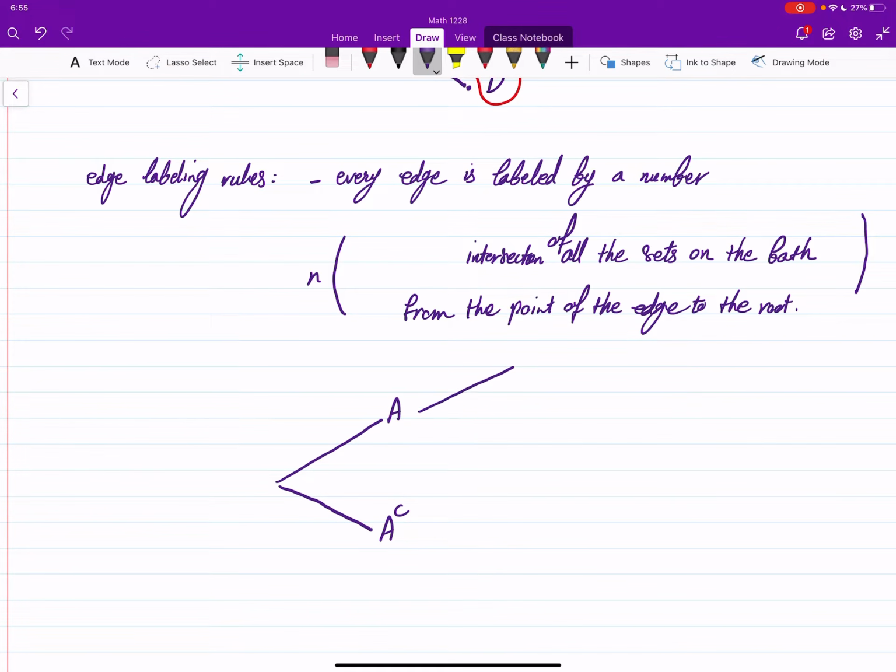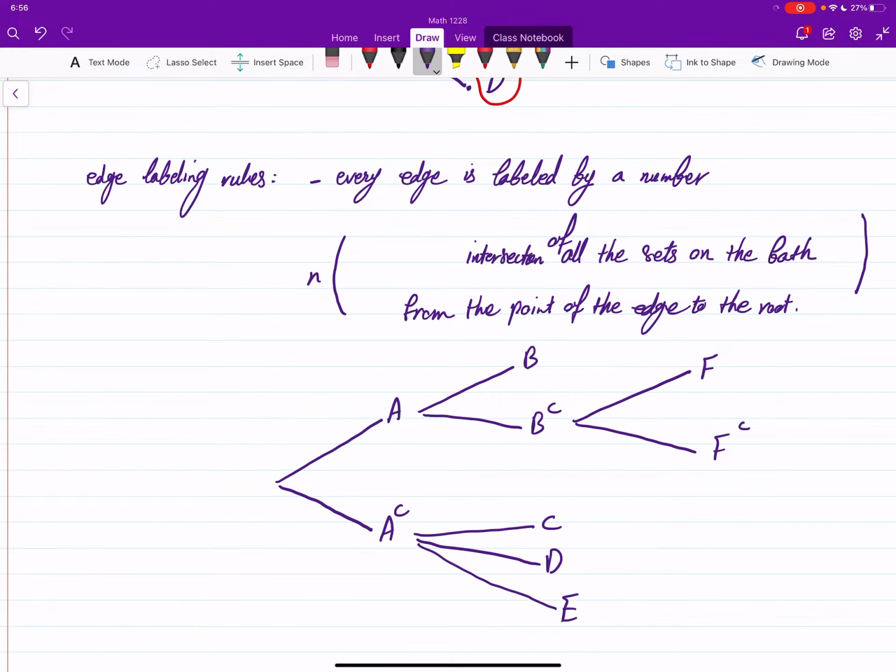Then, for example, B, and I can have B complement here. Then I can have a partition here, C, D, E, and then I can have this and that.